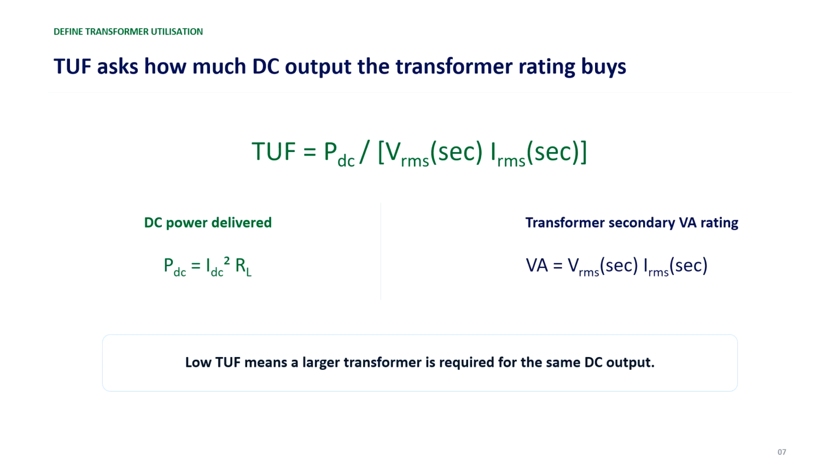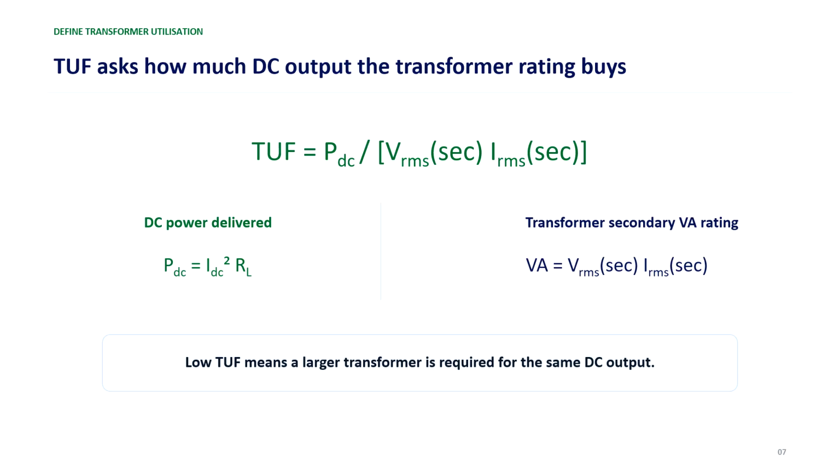Efficiency tells us how well electrical input power becomes DC output. Transformer utilization factor asks a different question. How much useful DC power do we obtain for each volt ampere of transformer secondary rating?